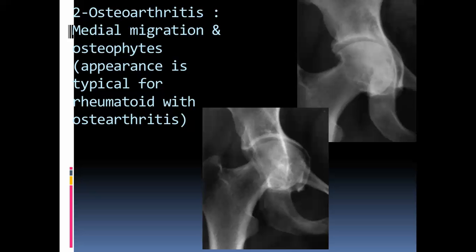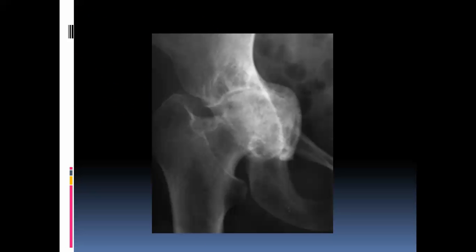Protrusio acetabuli, or the medial migration of the femoral head, suggests rheumatoid. Of course, it's associated with osteoarthritis and osteophyte formation. Here is a typical example of the protrusio acetabuli of rheumatoid.